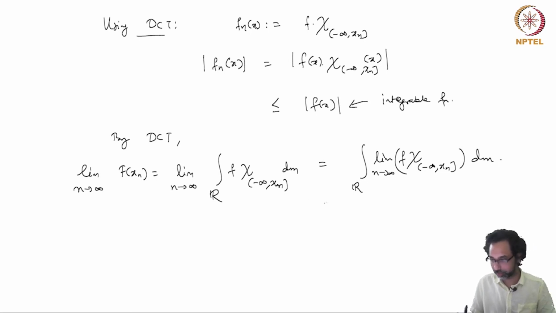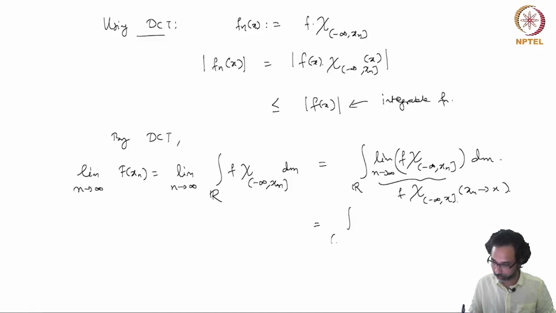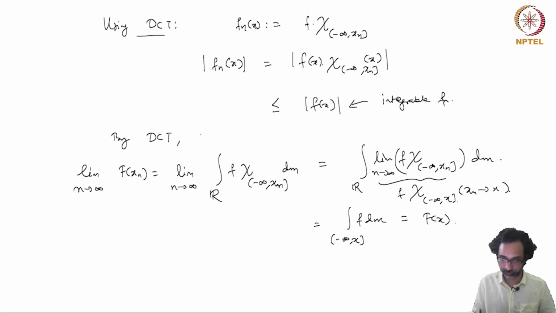But this is nothing but f chi minus infinity to x, because x_n converges to x, so the indicator function of minus infinity to x_n converges to that of minus infinity to x, and so this is nothing but the integral from minus infinity to x of f dm, and this is exactly F of x. So we see that F is continuous.